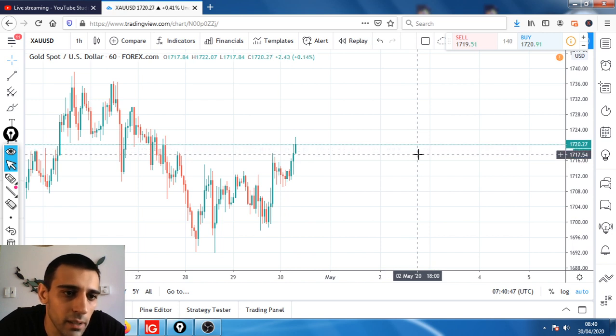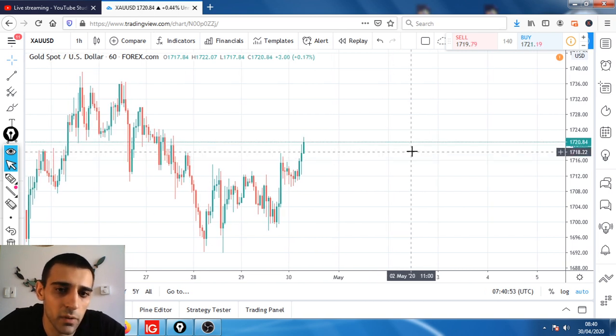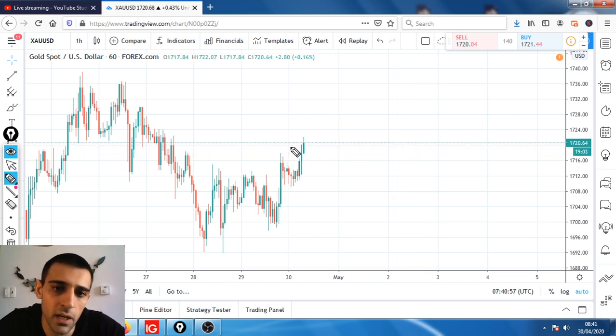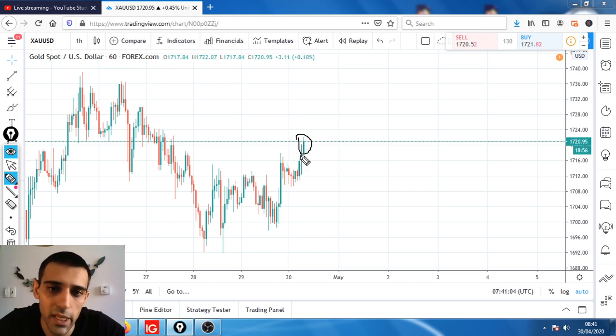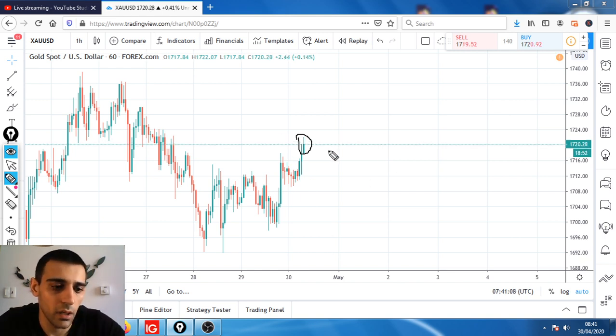I don't particularly like this one as a speculation for short-term trading. I would say wait for this hourly candle to close. I want to see the close of this candle before taking the trade. I personally would not take a trade, but I'm just looking at it. So wait for the candle to close.